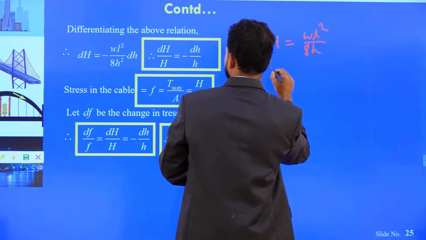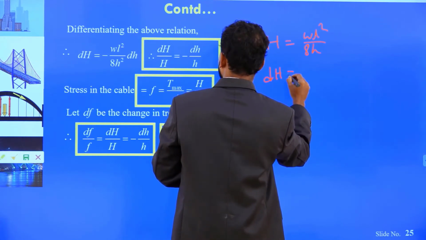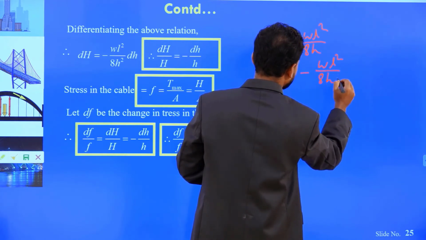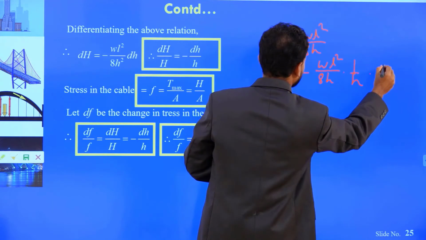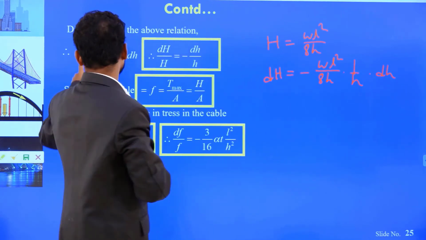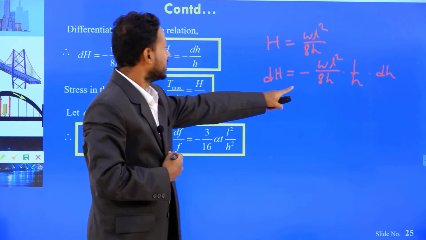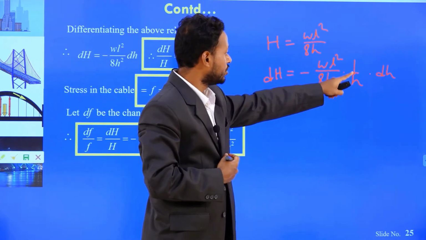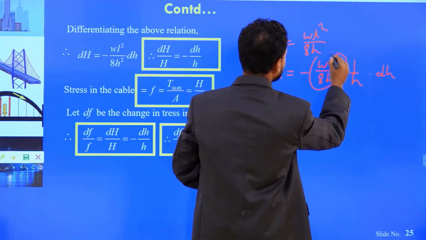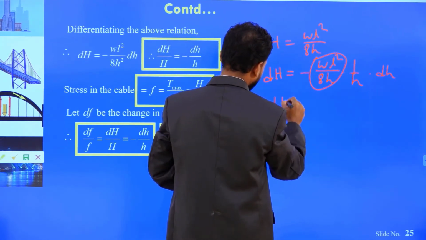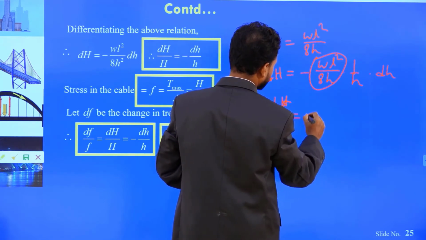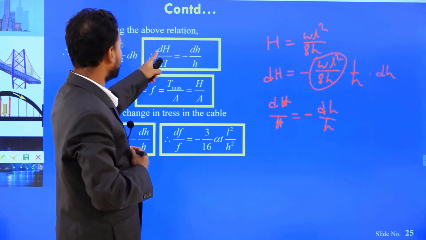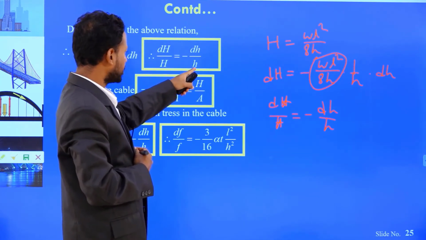So dH equals minus WL square by 8h into 1 by h into dh. So this is nothing but capital H. So I can write dH by H equals minus dh by h, right? So I get dH by capital H equals minus dh by small h.